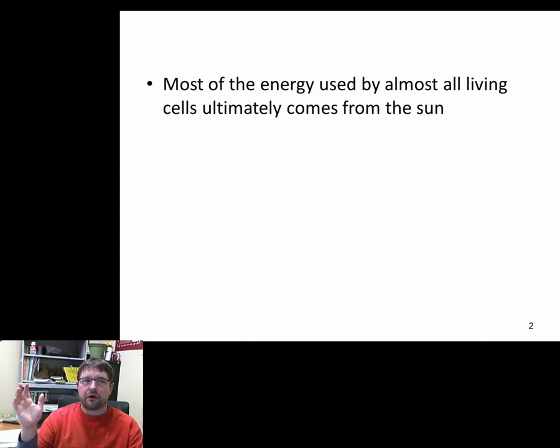I would say probably 3/4 of the energy is from photosynthesis, and 1/4 is probably coming from chemosynthesis, chemical breakdown. We're not going to spend much time on that in this course, but if you progress in marine biology, you'll hear about chemosynthesis a lot more. We're going to concentrate on that 3/4 of the energy, which is really coming from the sun.